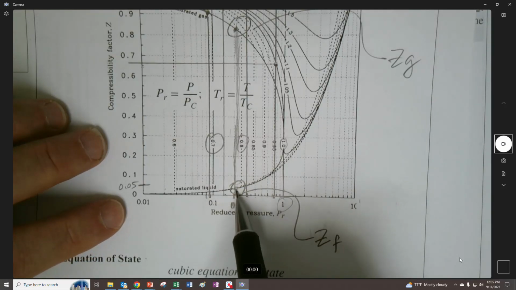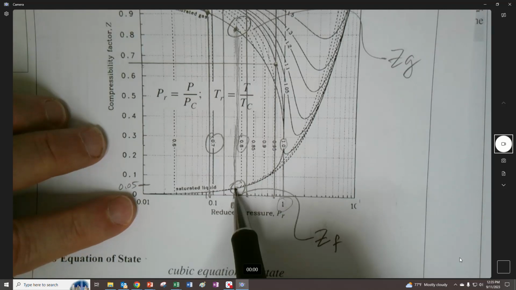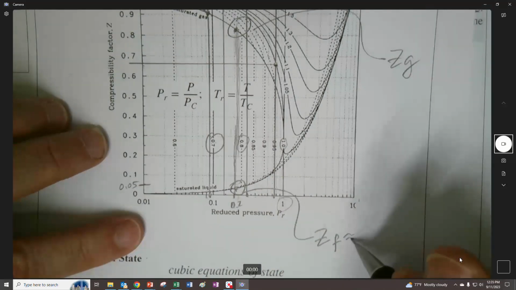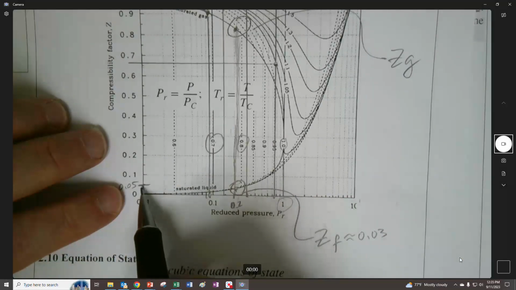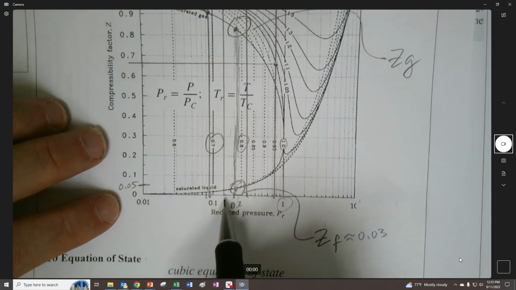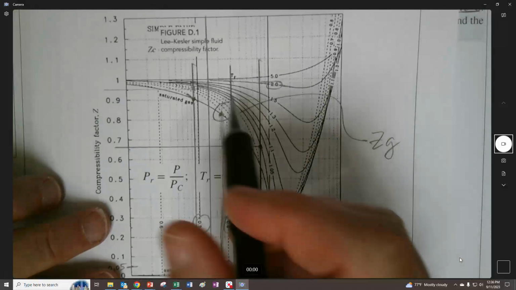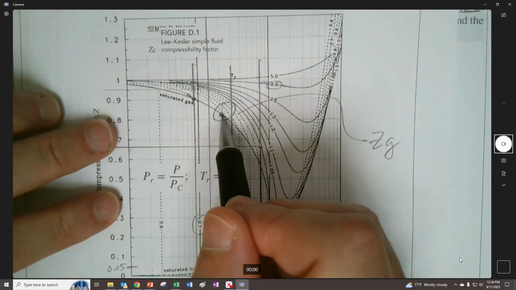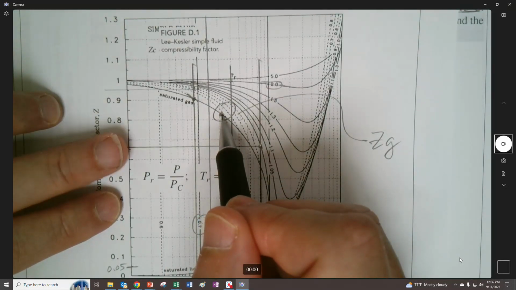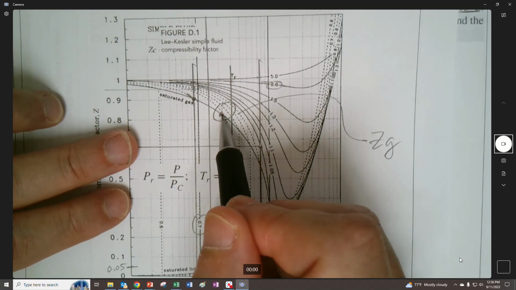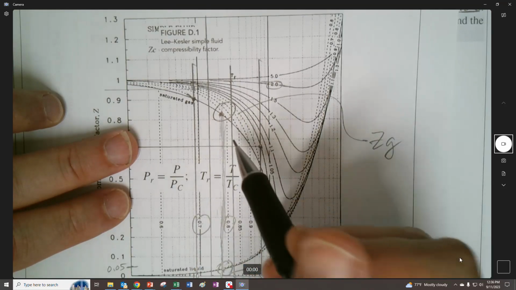The book is saying that this right here, where it crosses, lands at 0.03. I don't know, man. I guess I'm still looking at that. I think it's 0.05, basically. But I'll take their word for it here. And then this one, they say it's 0.83, not 0.083, it's 0.83 where this crosses.